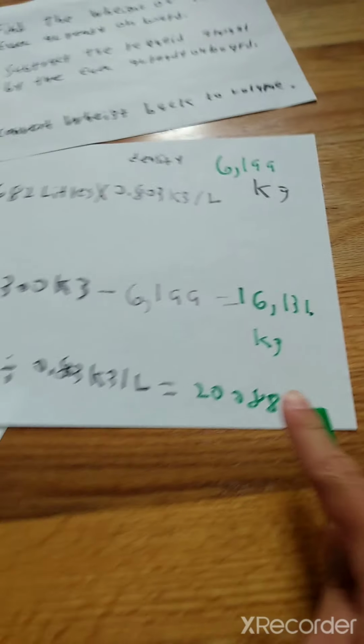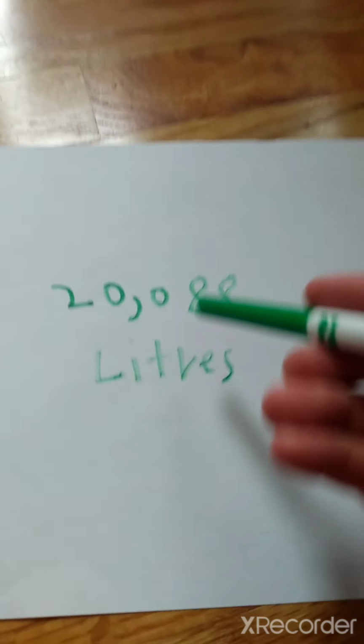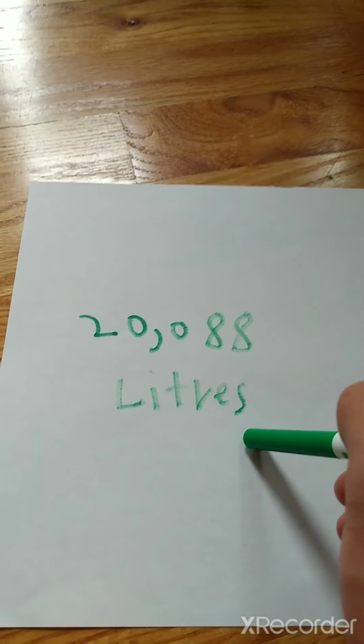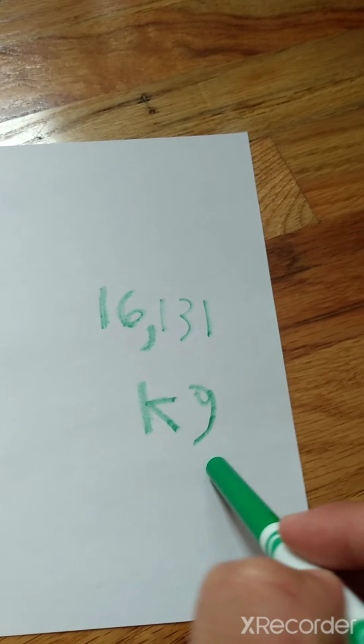So the amount of fuel that needs to get on the airplane is 20,088 liters of fuel and 16,131 kilograms.